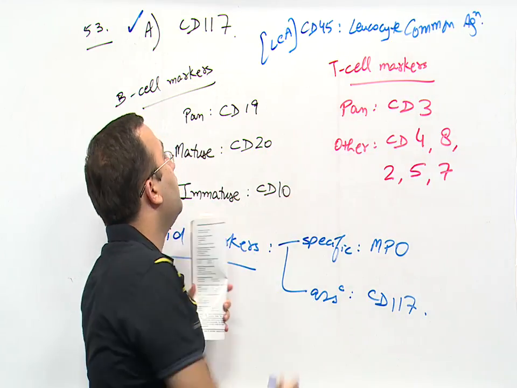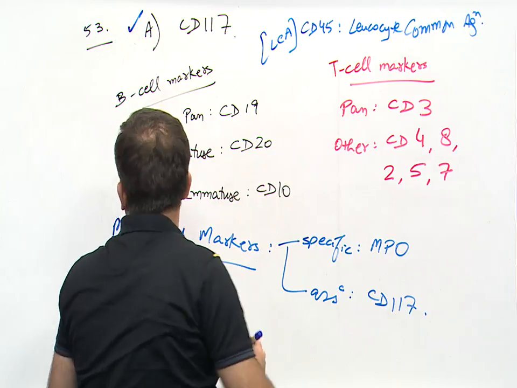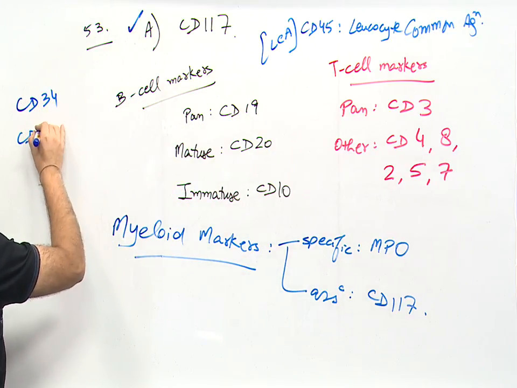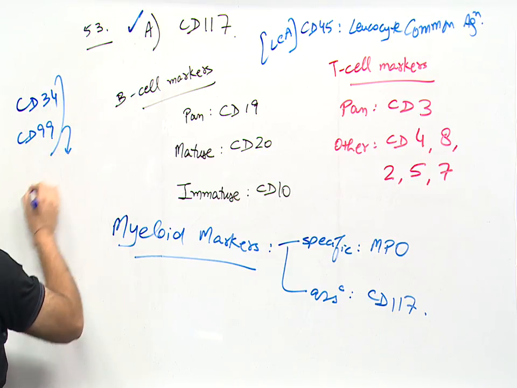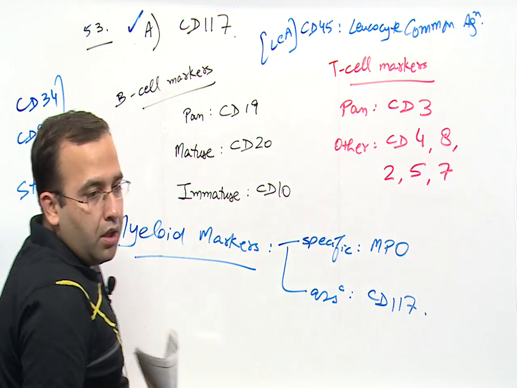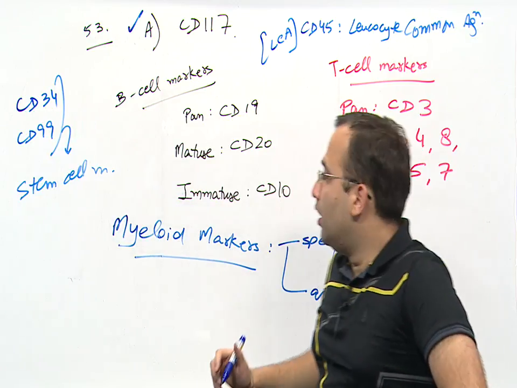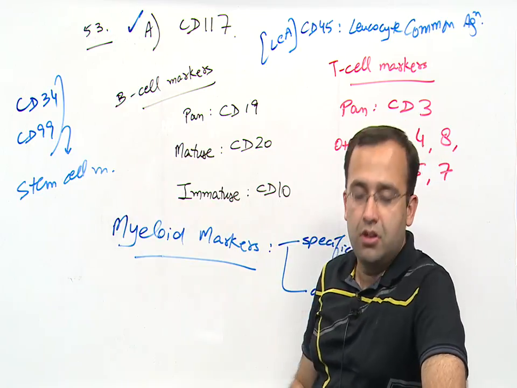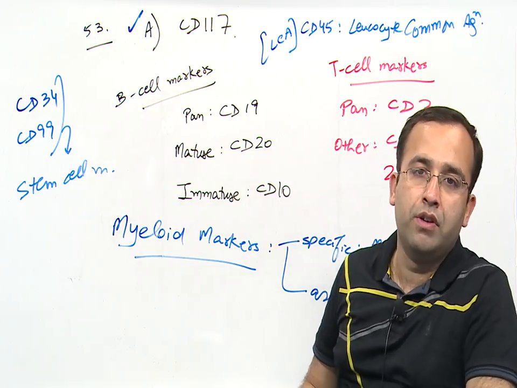CD34 and CD99 are stem cell markers. So the answer is CD117.